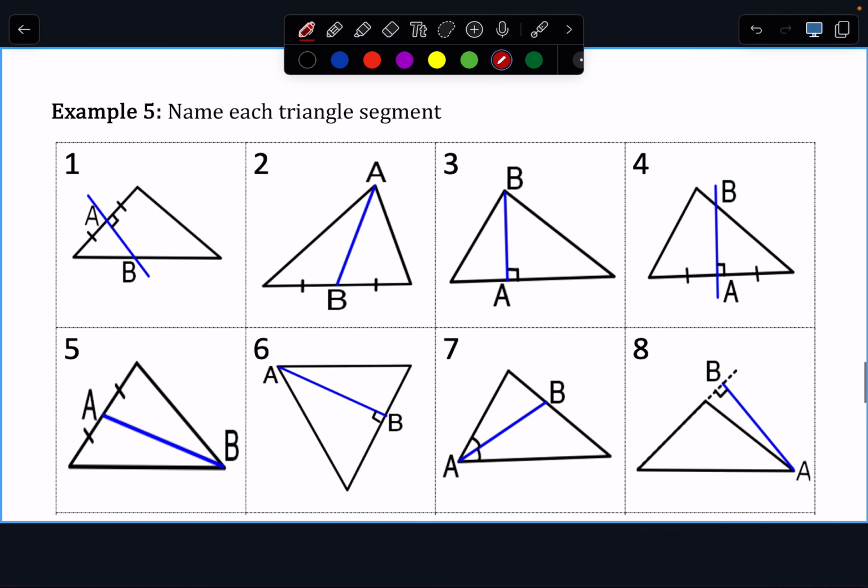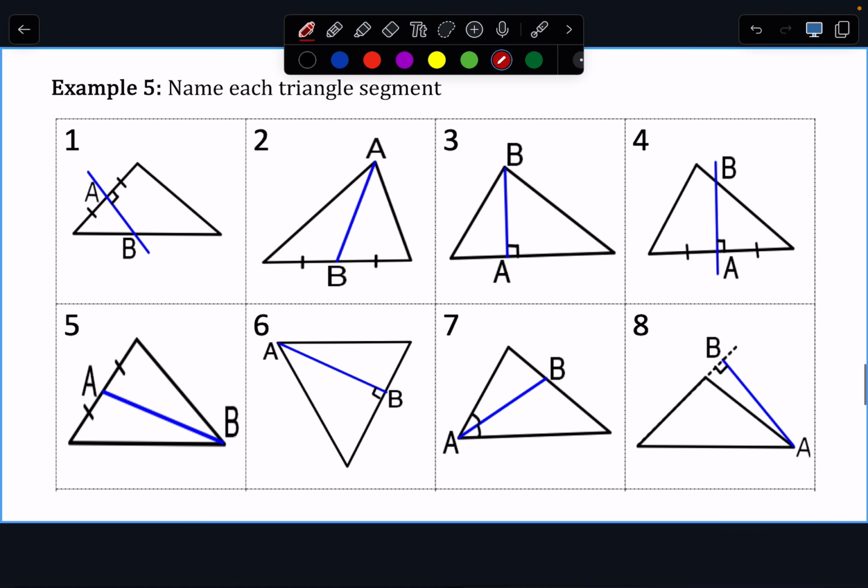Look at number 1 down there. We need to identify all of these blue segments. What is number 1? Perpendicular bisector. Just do like PB.